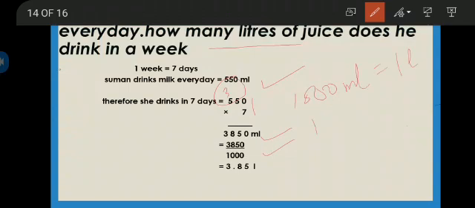So 1 ml is equal to 1 by 1000 liter. So 3850 milliliter is equal to 3850 by 1000, which is equal to 3.85 liter. Understood?